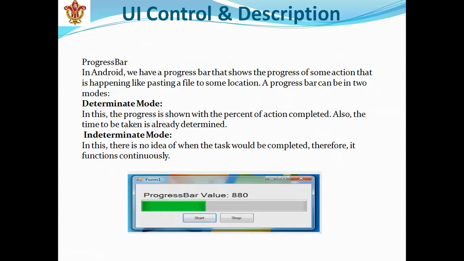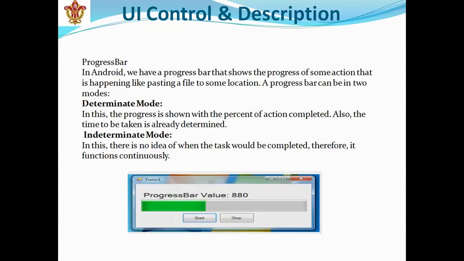And in the indeterminate mode, what you can see is that there is no idea when your task would be completed, meaning there is no percentage shown in the progress. When you copy your folder or your Excel sheet from one folder to another, you can't see the progress of copying, the speed of copy, or how much time is left.